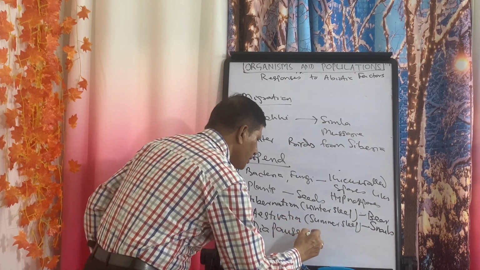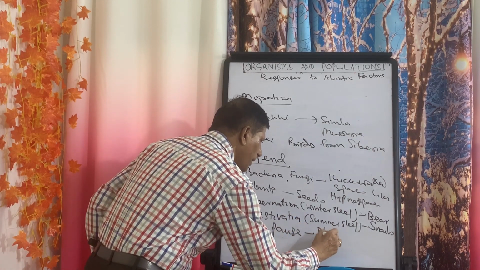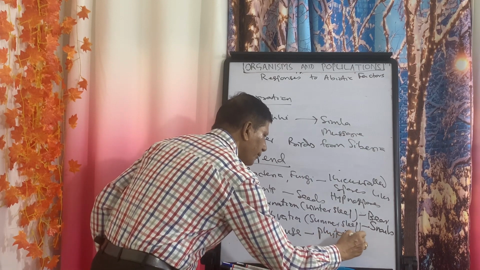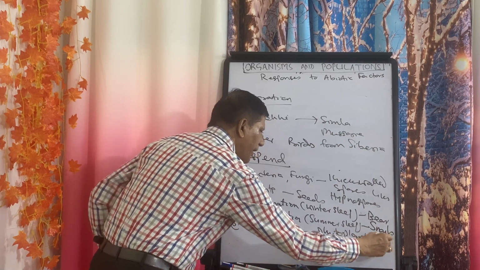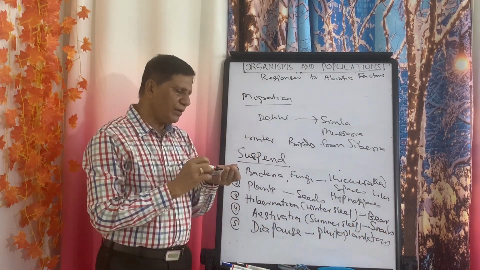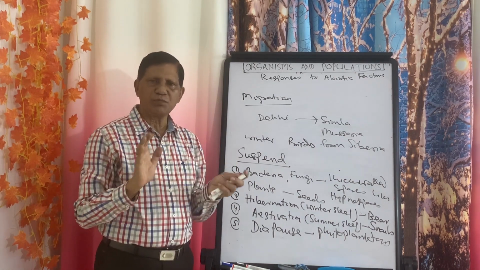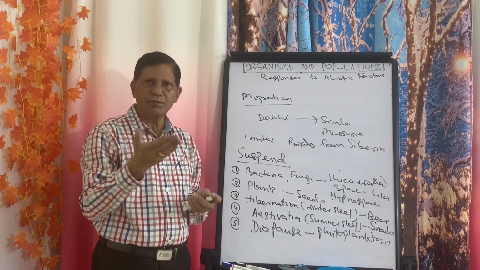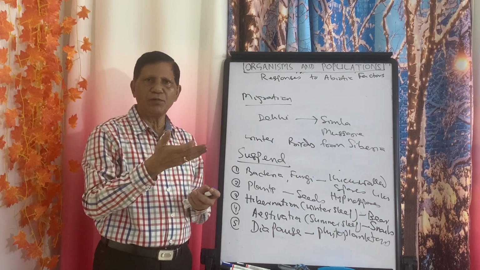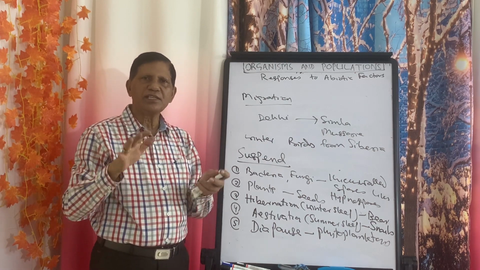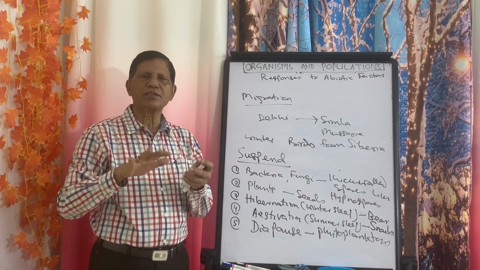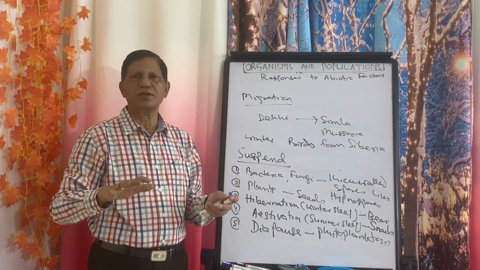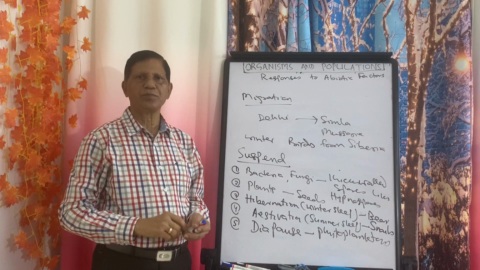In case of diapause, the example is usually phytoplanktons. When the conditions become stressful, not favorable for growth, the phytoplanktons which live in the upper layers of the water are in suspended condition for some weeks or months till the favorable condition comes.